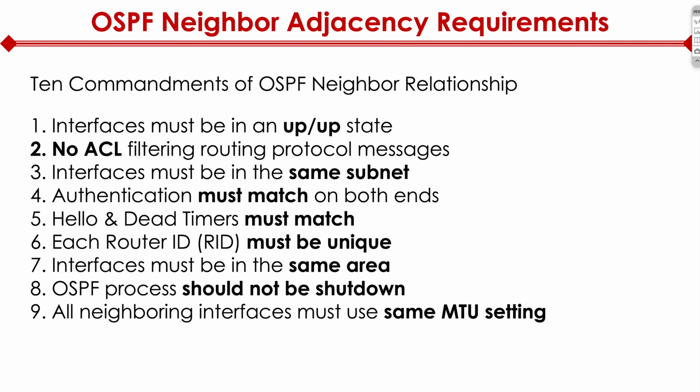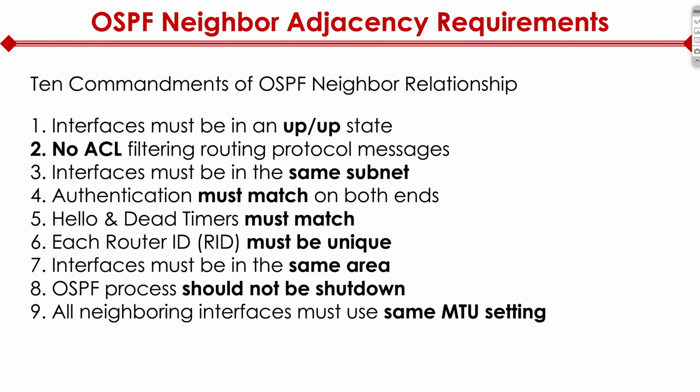Duh. All neighboring interfaces must use the same MTU setting. That's another important one. Here, the OSPF adjacency will come up, but you're going to have weird intermittent issues if the MTU mismatches on the two neighboring interfaces. So make sure your MTU value matches.